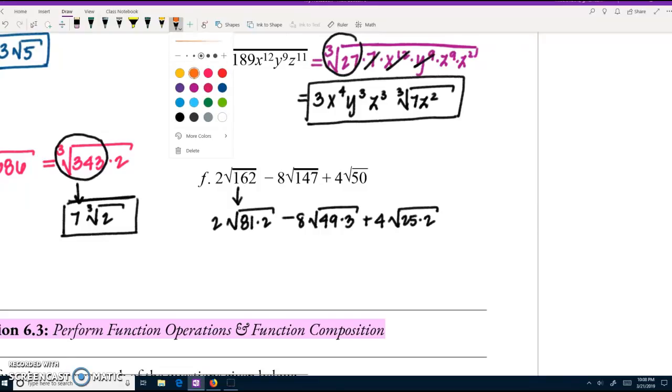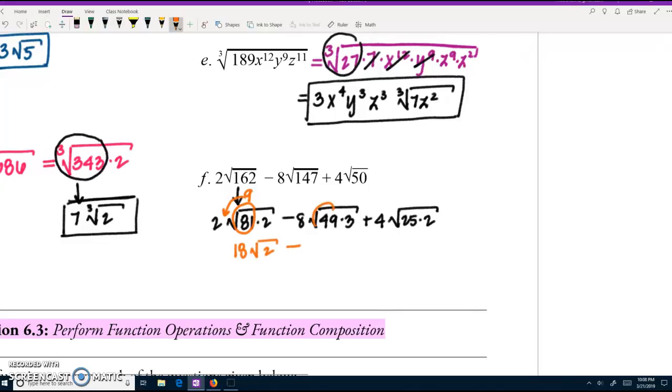And now I can begin to simplify, because this square root of 81 is 9, and 9 is going to multiply by this 2 out in front to become 18 times the square root of 2. Then this square root of 49 is 7, which is going to multiply by this 8 out in front to become 56. And then over here, this 25 square rooted is going to be 5, which if I multiply by this 4 is going to become a 20 times the square root of 2.